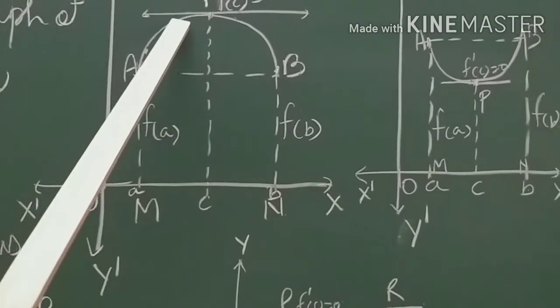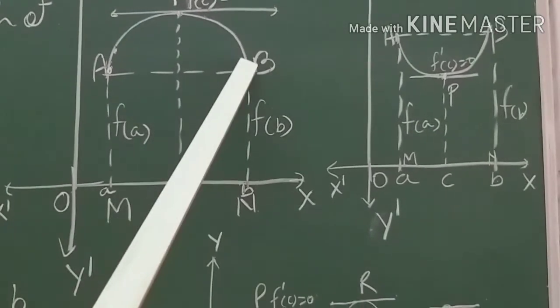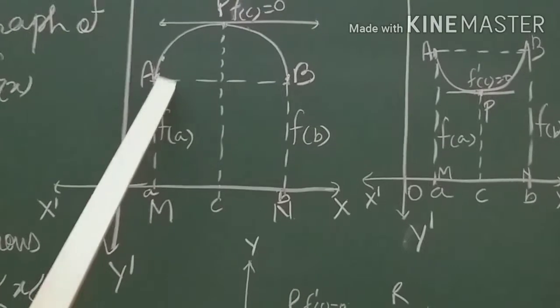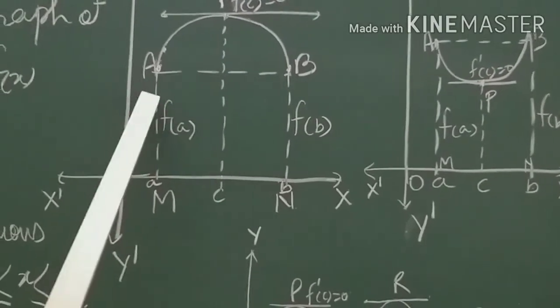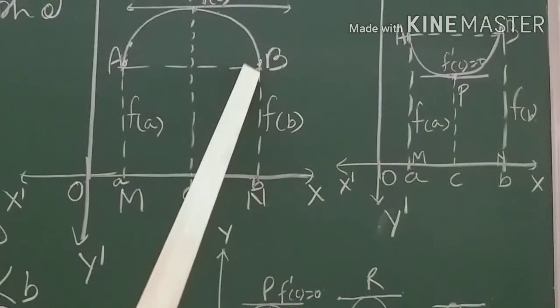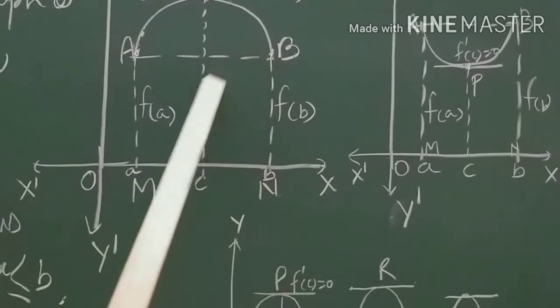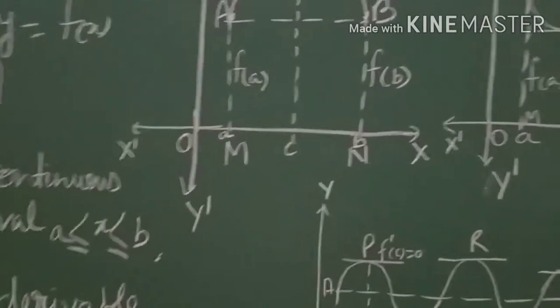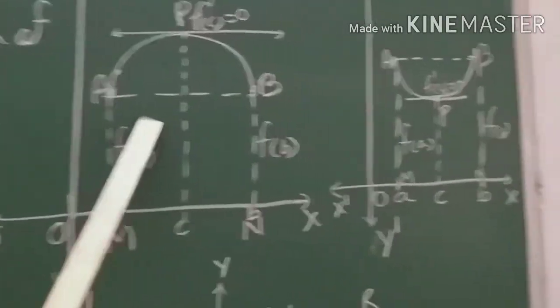It is continuous. So we can say yes, f(x) is continuous from a to b, when a and b both are included. So this function is continuous.